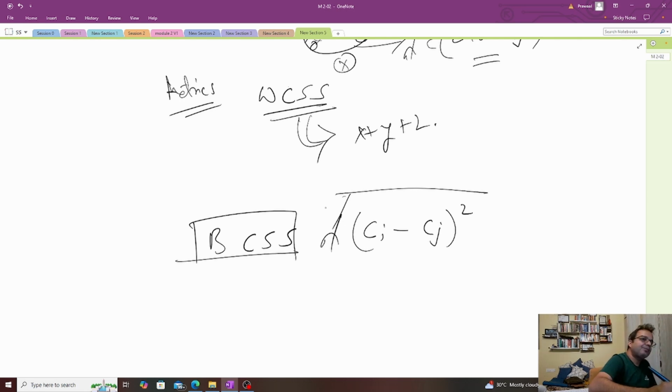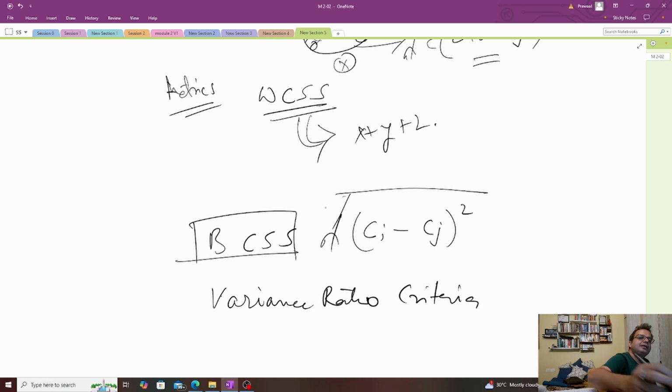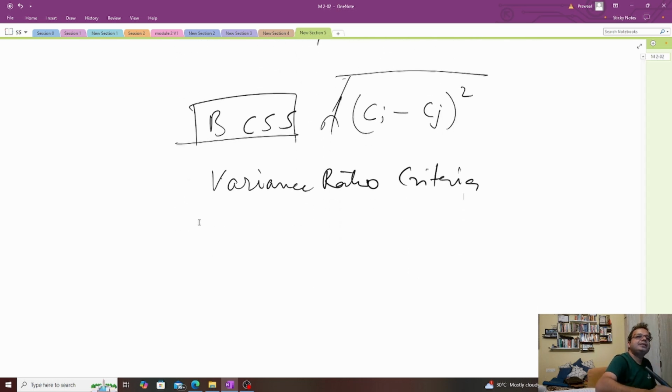Sometimes what we may have to do is use a ratio which is called the variance ratio criteria, VRC, which is nothing but the ratio of the between clusters sum of squares and the within clusters sum of squares.